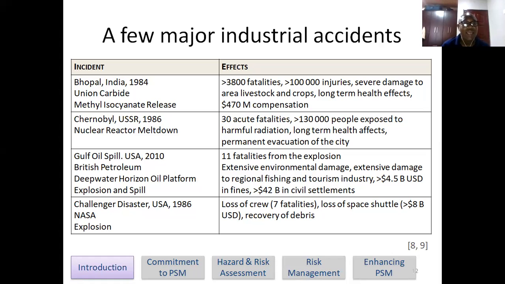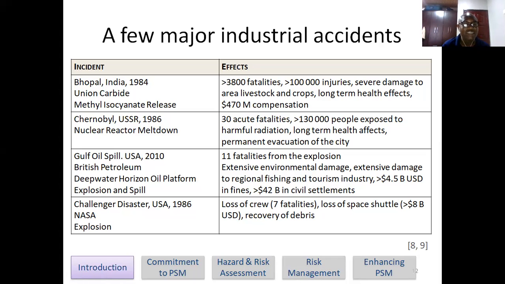The Bhopal Union Carbide accident in India in 1984: 3,800 fatalities, over 100,000 injuries and several damages, including livestock, crops, and long-term health effects, which resulted in over 470 million in compensation.